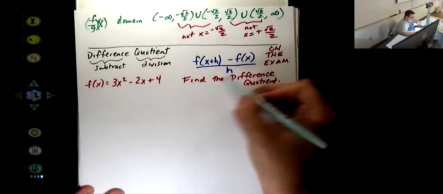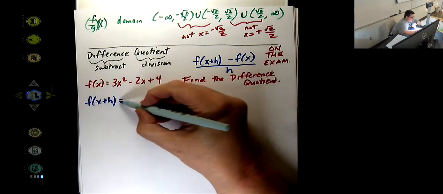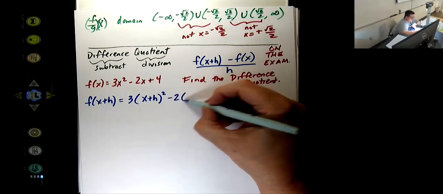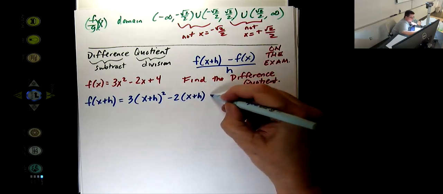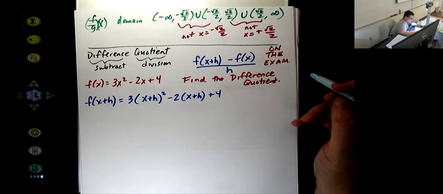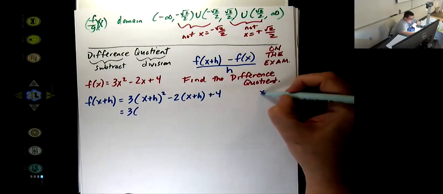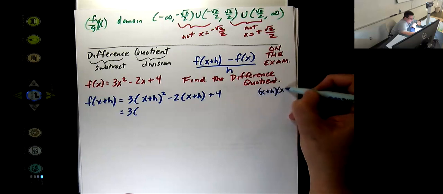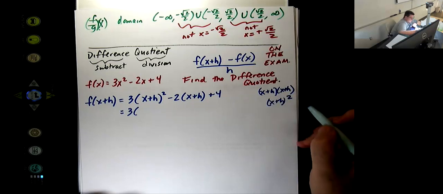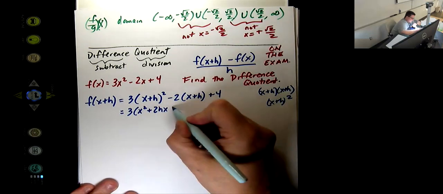So we already know what the f of x is. We already have it. What is f of x plus h? For this, everywhere we see x, we would replace it with x plus h. And you should do it in parentheses. X plus h squared is x plus h times x plus h. So if I actually multiply that out, I have x squared plus 2hx plus h squared.